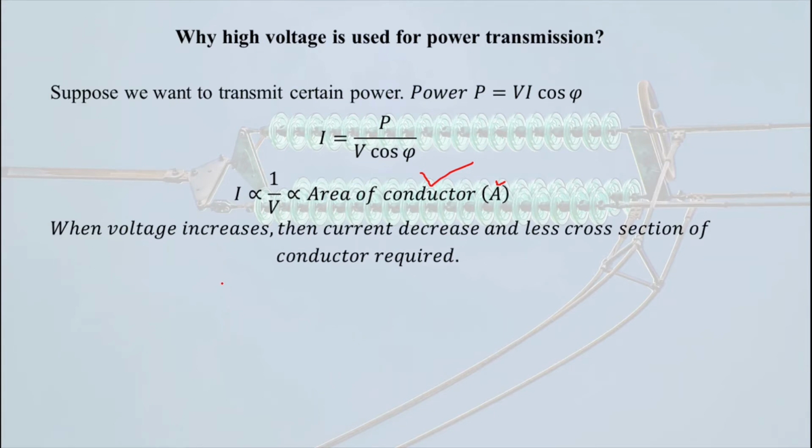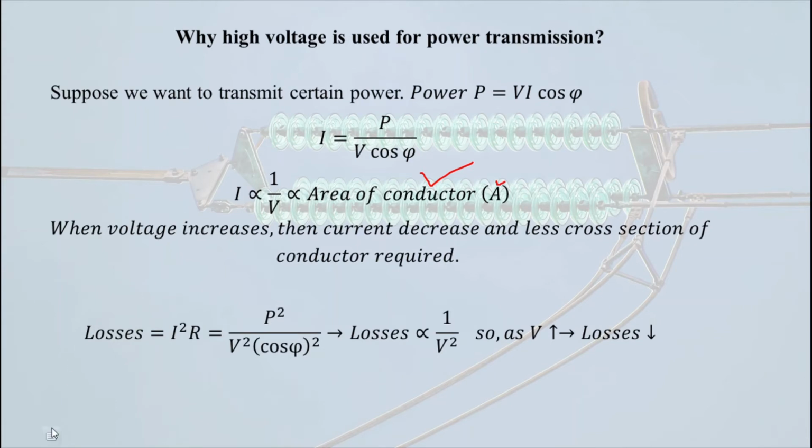Now see the formula of losses in transmission line. So losses in transmission line can be written as I square R, and we know that I equals P by V cos phi. So putting the value of I in the formula I square R, we get losses equals P square R by (V cos phi) whole square. It means losses are inversely proportional to the square of voltage.